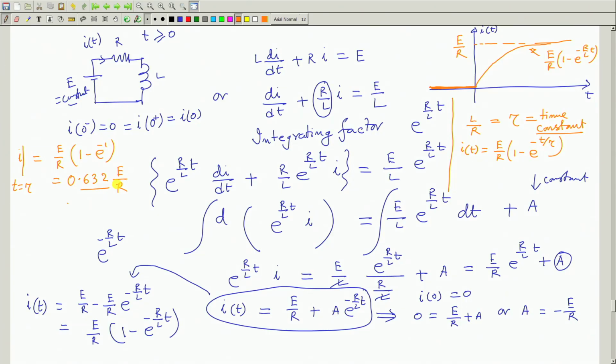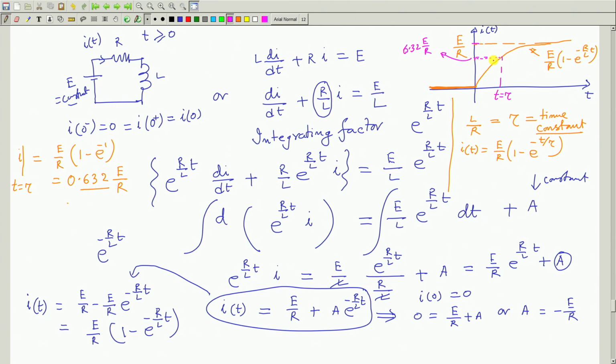So, what happens is this: we have seen that the current is growing exponentially. At t equal to tau, it is 63.2% of E by R, about 63% maybe here. This point is 0.632 E by R, this level, and this is t equal to tau.